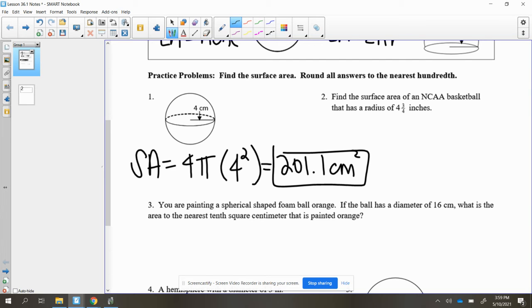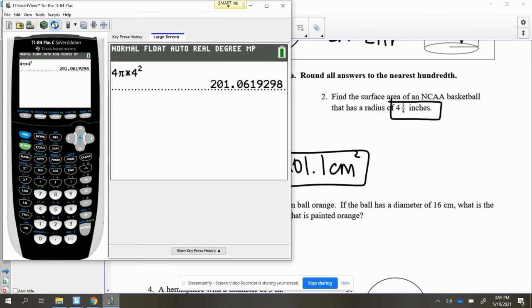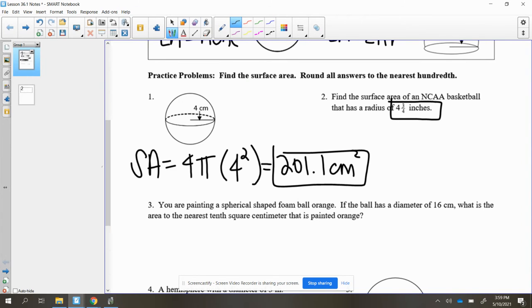Now on the next one, it is a little difficult to type in a mixed number into your calculators. So if you have 4 and 3/4, well, 3/4 is better known as 0.75. So 4.75 is the value of our radius on this one since we had 4 whole ones.